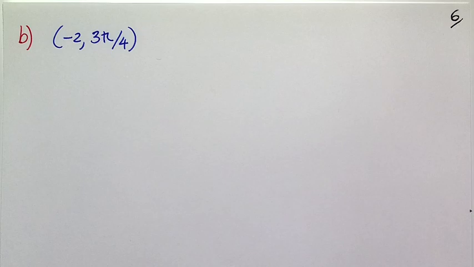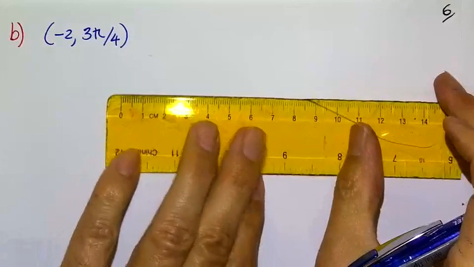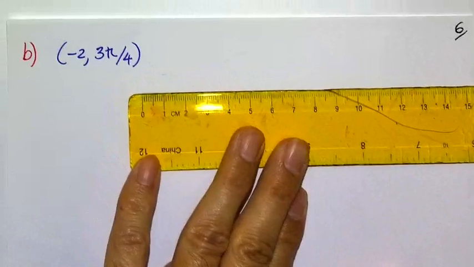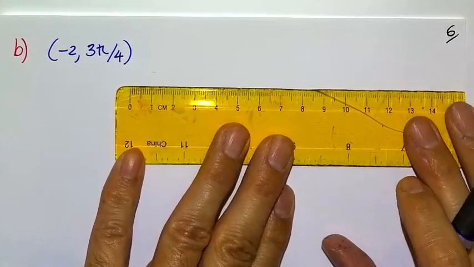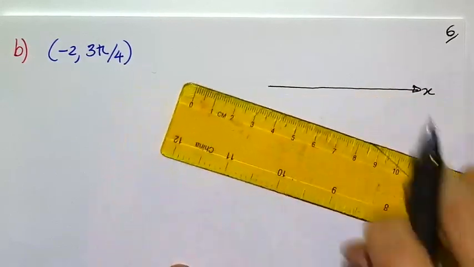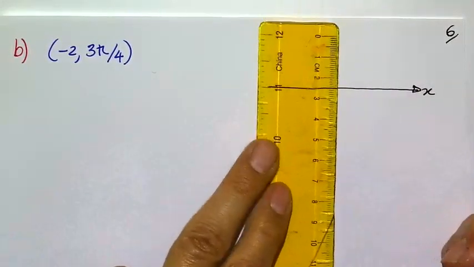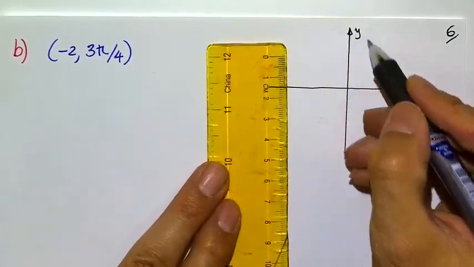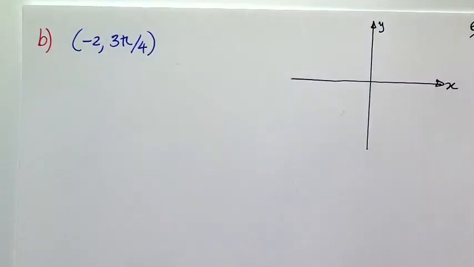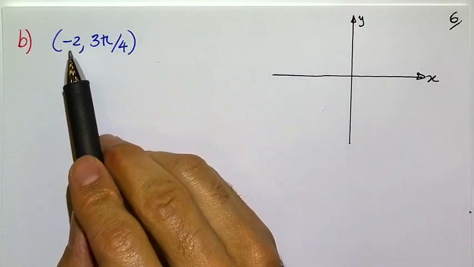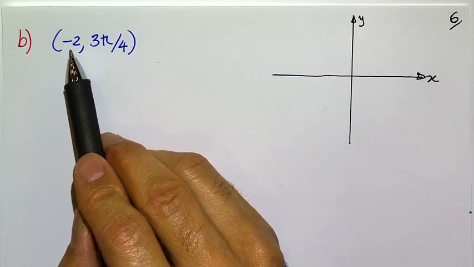Hopefully our answers agree. Just like before, the first thing I'll do is draw a quick graph of where this point is located within the plane. So notice that this is a negative r value.